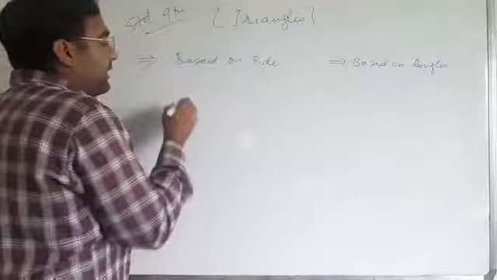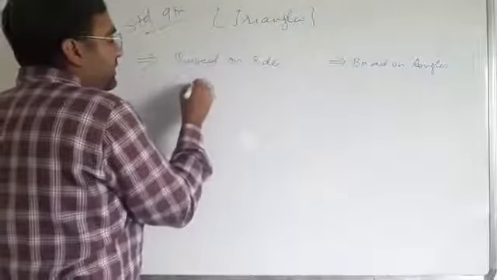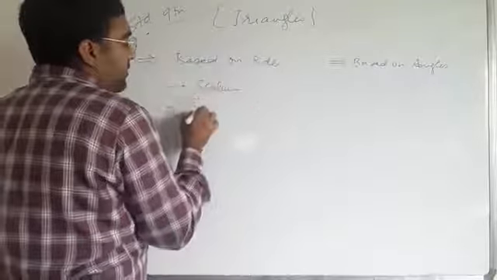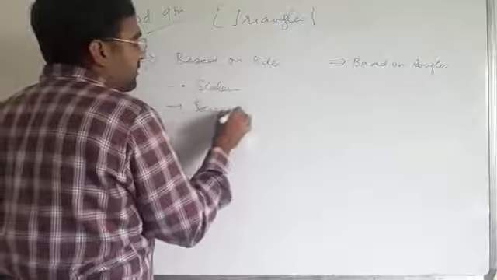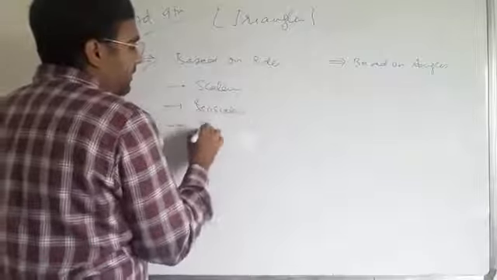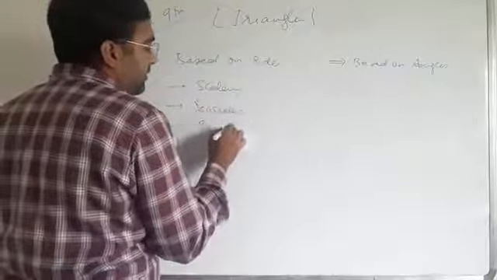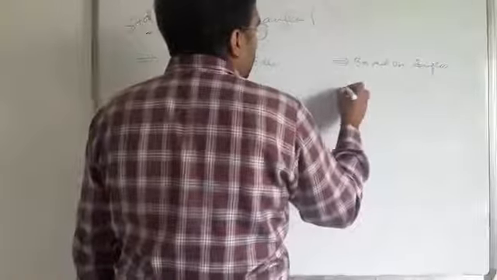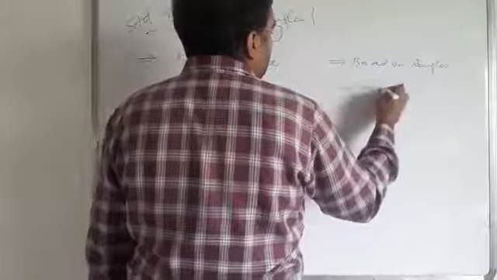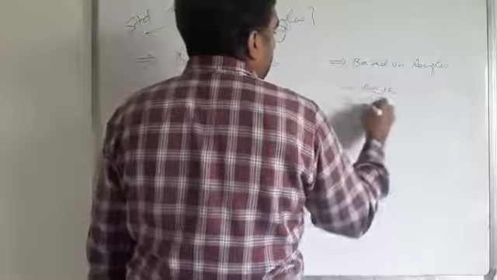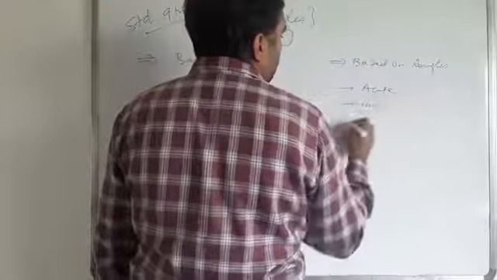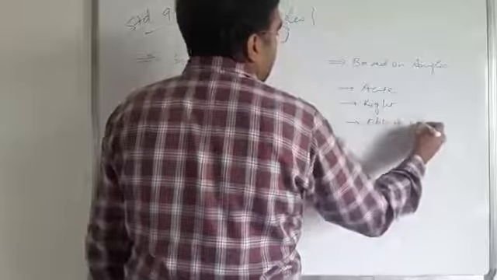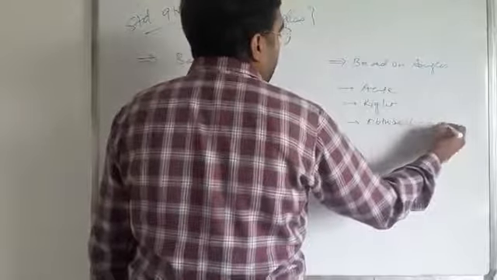Based on sides there are three types of triangles: scalene, isosceles and equilateral. Based on angles there are three types of triangles: acute, right and obtuse. In obtuse there is an angle greater than 90 degrees.